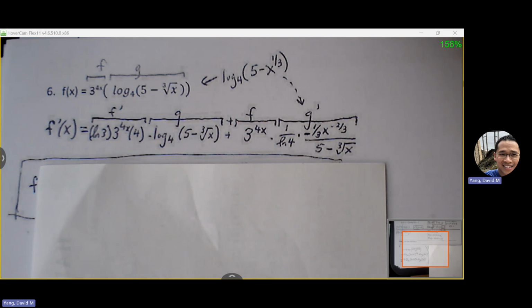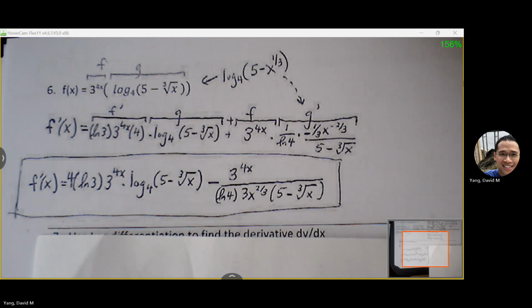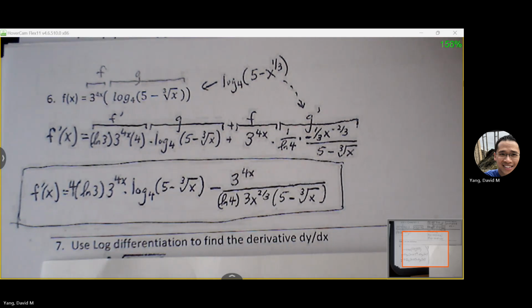And then log base a of u is u prime over u with a little bit of 1 over natural log of 4 in front. Okay, any questions with 6?